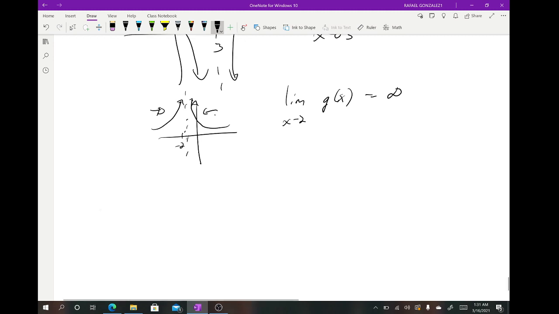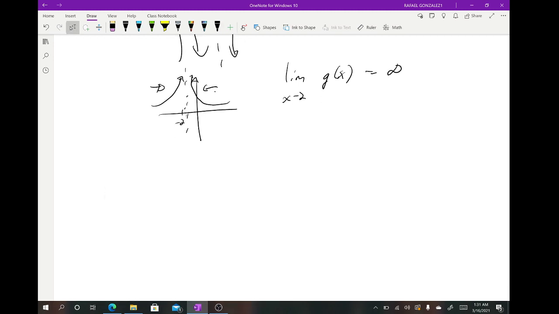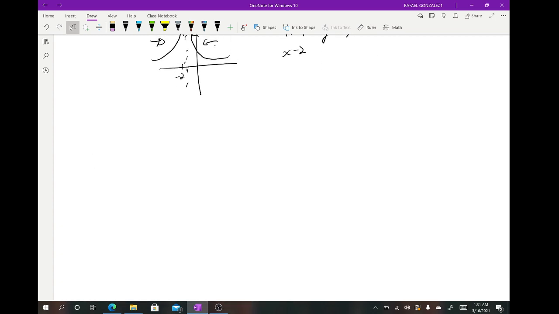Now, finally, the last few things that I said I was going to test you on are the derivative laws. Number one is the definition of the derivative.